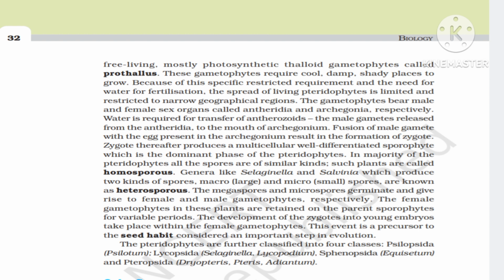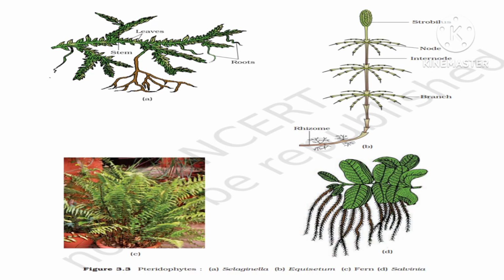The examples of pteridophytes are Selaginella, Marsilea, Equisetum, and Dryopteris. Pteridophytes are further classified into four classes: Psilopsida, Lycopsida, that is Selaginella and Lycopodium, Sphenopsida, Equisetum, and Pteropsida, Dryopteris and Adiantum.